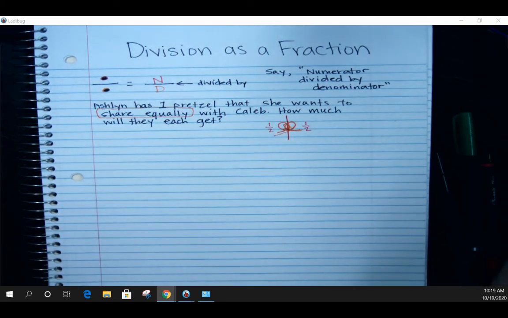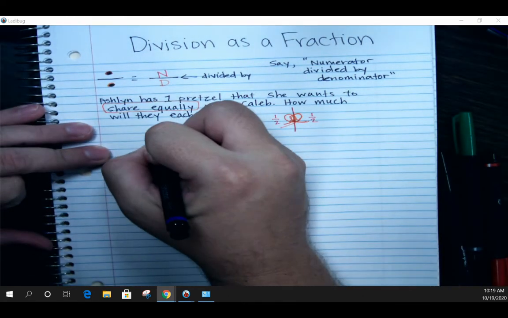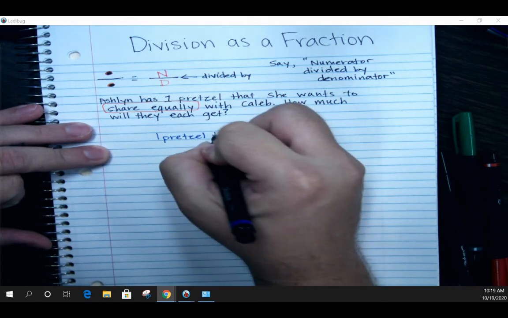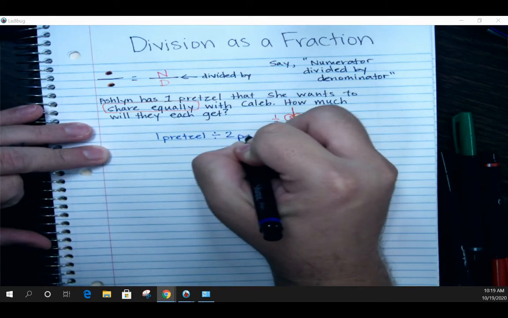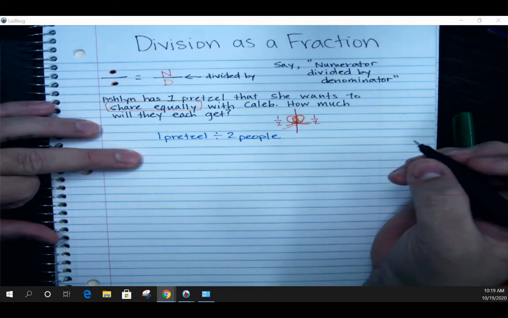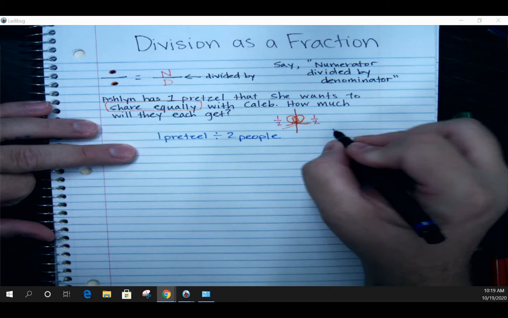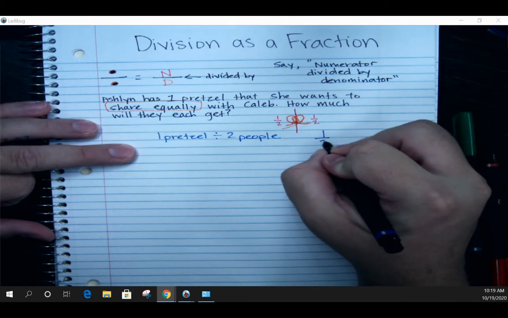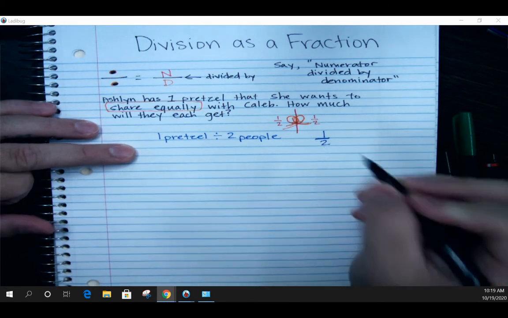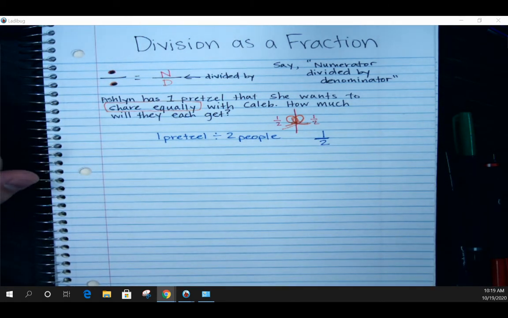1/2. Or, to look at it another way, I have one pretzel, and I'm dividing it by 2 people, which I can then turn into 1 divided by 2. Because this line literally means what? Divided by.